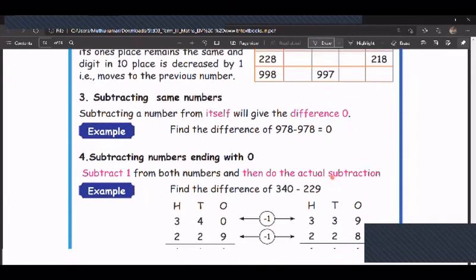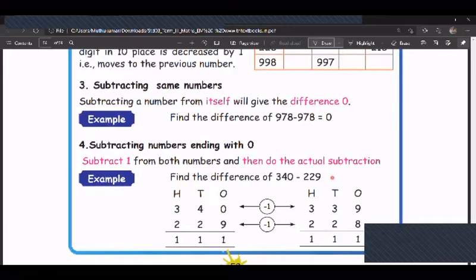Now, subtracting numbers ending with 0. See here, 340 minus 229. Subtract 1 from both the numbers. From 340, subtract 1.